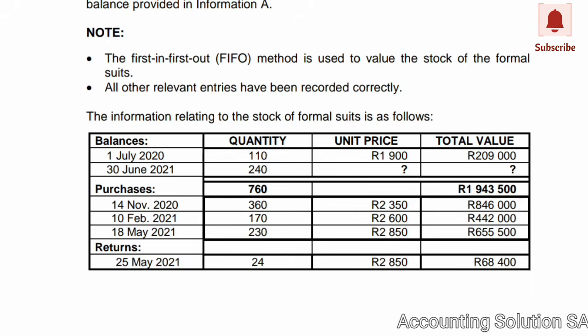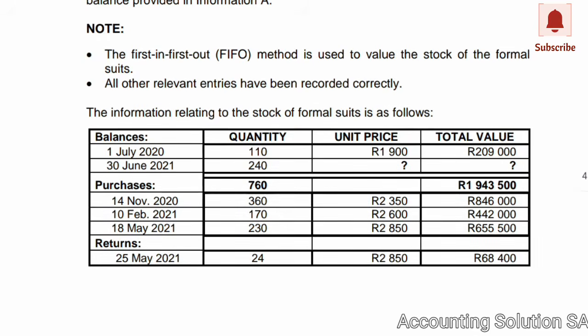Then we want the value of 240 quantity, which means that 240 has left from the last inventory that we have purchased, because the first one that we purchased has been sold. First in has already first out. Simple, guys, simple as that.